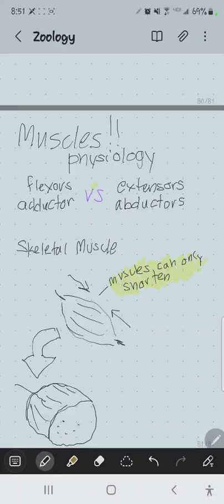And then if I look even closer, what you're seeing here basically is the muscle fibers are organized in a very, very specific way. Let me go ahead and do this here.